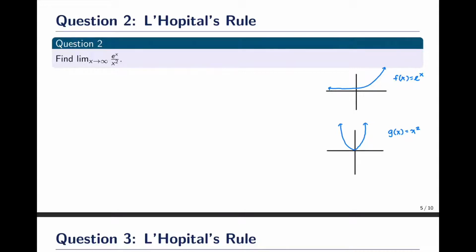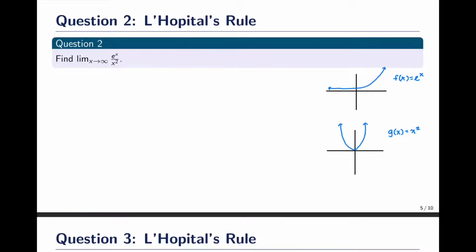So I've gone ahead and drawn the graphs for both of these functions. In the top graph, I have e to the x, and in the bottom graph, I have x squared. What I'm interested in is what happens as I send x to infinity. As I travel along the positive x-axis, I notice that my function e to the x shoots off towards infinity.